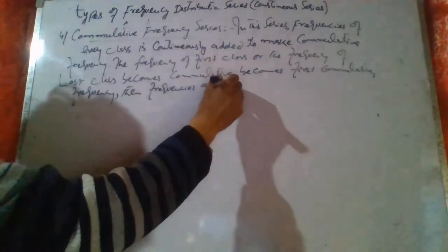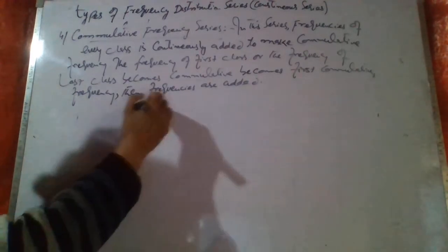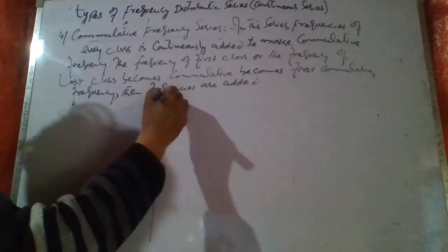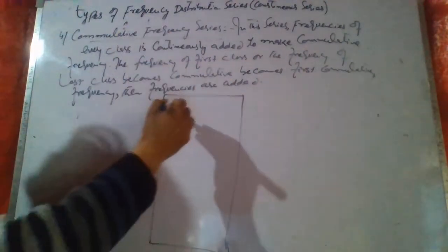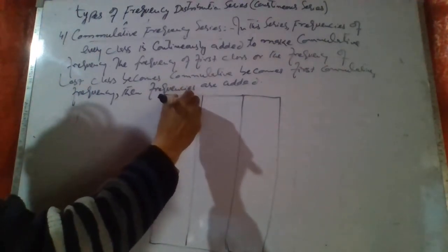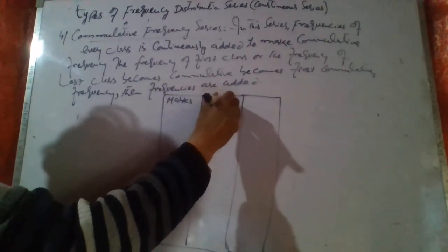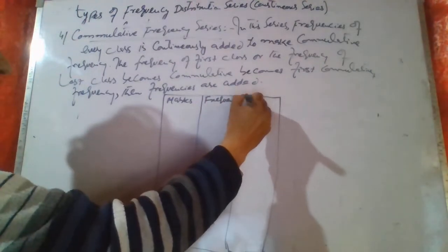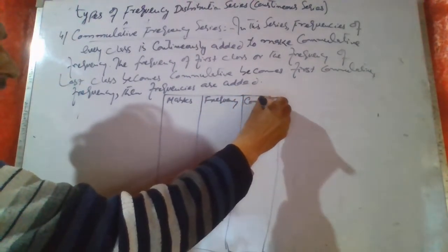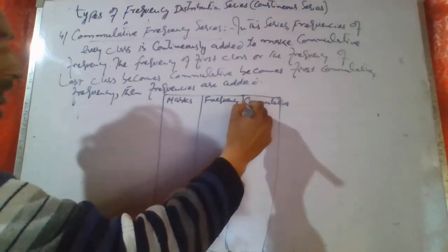Then frequencies are added to make cumulative frequency. What is the example for this? A very simple example, very simple to construct this cumulative frequency series. For example, we have marks and number of students or frequency, and we can make this marks, this frequency, and this cumulative frequency.